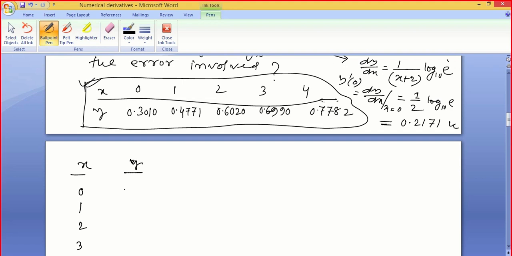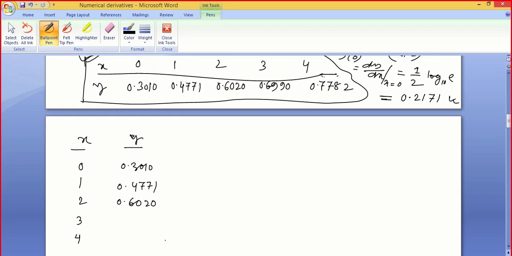The values are 0.3010 at 0, 0.4771, at 2 it is 0.6020, and at 3 it is 0.6990, and 0.7782.